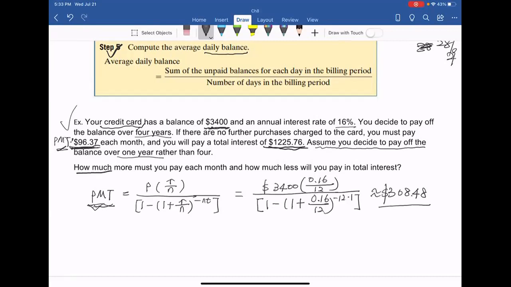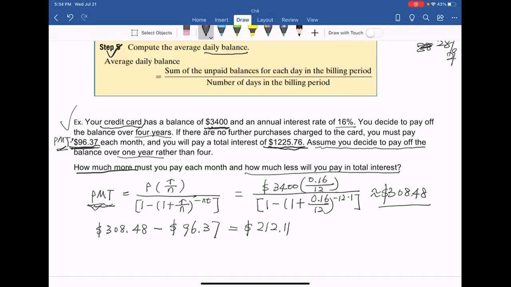They are asking how much more. So that means I use 308.48 subtract 96.37. That equals 212.11 more each month.